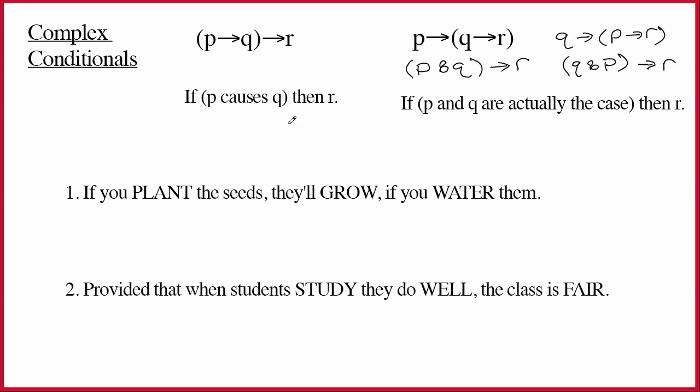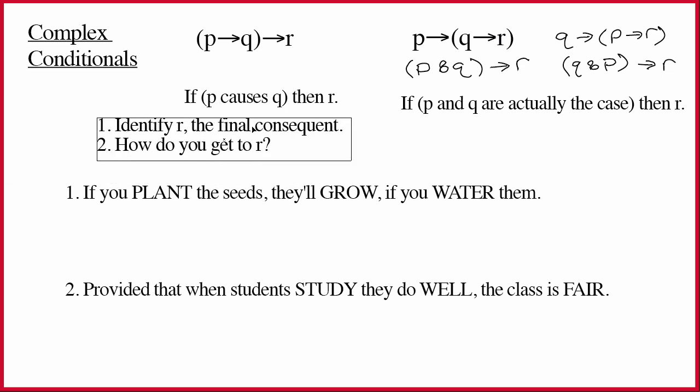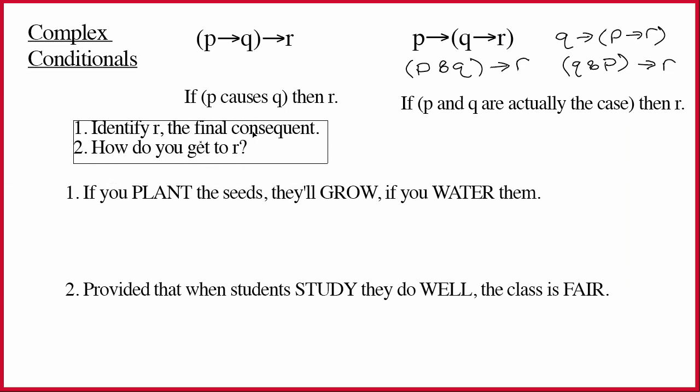All right, now let's say you're going to tackle some sentences, and you recognize that you're going to have multiple arrows. There's a two-step strategy that I'm going to invite you to think about, and here it is. Let's use this strategy as we tackle this first sentence. All right, get the pencil back.